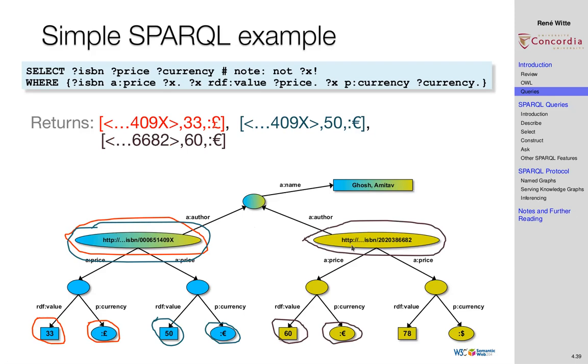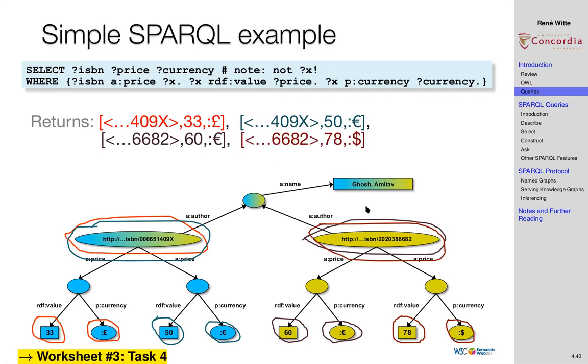No, because the graph on the side here will also match the patterns given here, and you will get another return value. And then finally, the last one here will match as well. So to give you an idea of your very first SPARQL query, you're going to try out one of them.